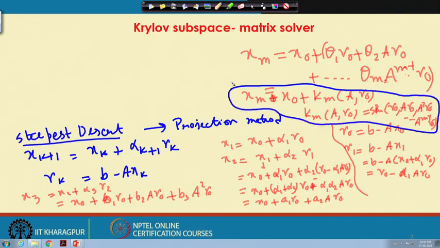So, this is the basic definition of Krylov subspace, which we have used earlier.